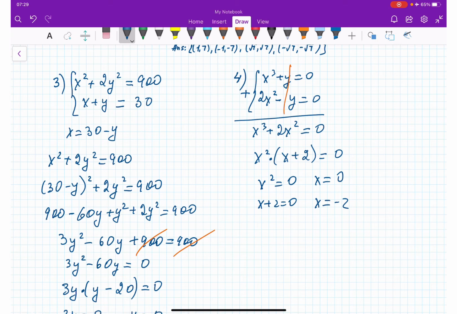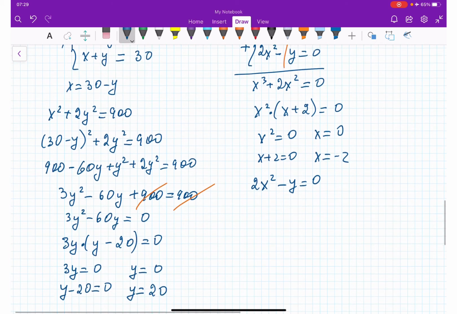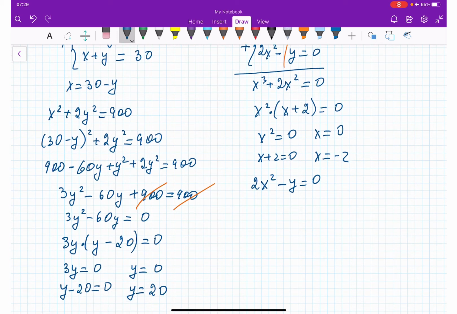Pretty straightforward. I'm going to plug into the second one, 2x squared minus y equals 0, because it's easier to work with a square rather than a cube. So x equals 0, which means y is going to be 0 also. Here we are getting 0, 0.